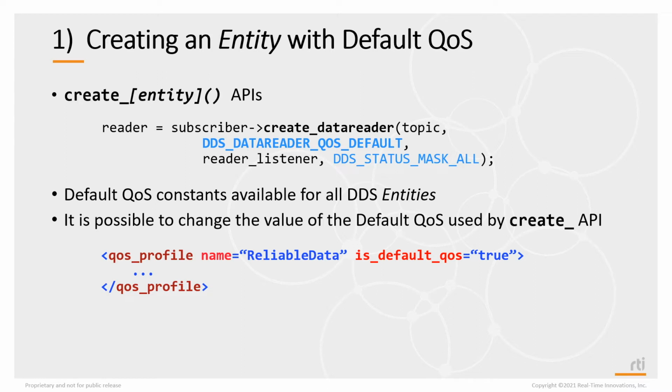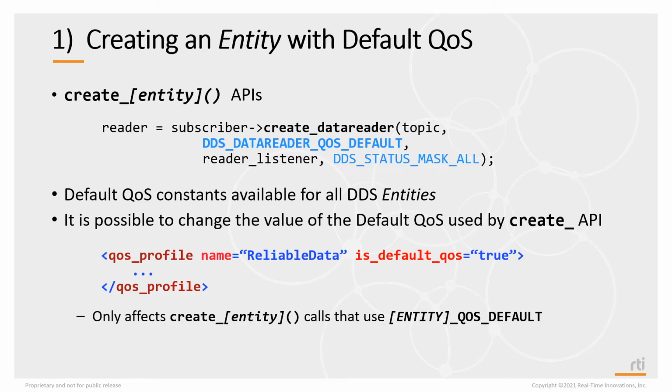So the is default attribute can be set to be true for a defined QoS profile. So in XML, you can select one of the QoS profiles that you've defined in your XML and make the values configured for that QoS profile become the default QoS values that are referenced by the create API when that create API is passed the QoS default for that entity.